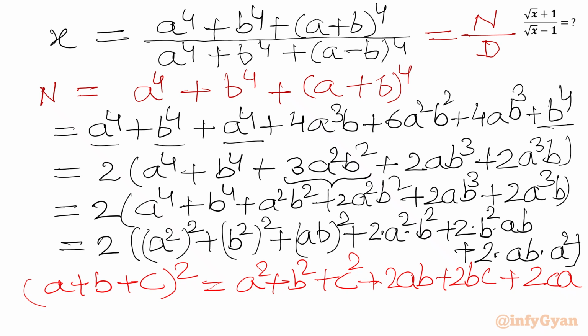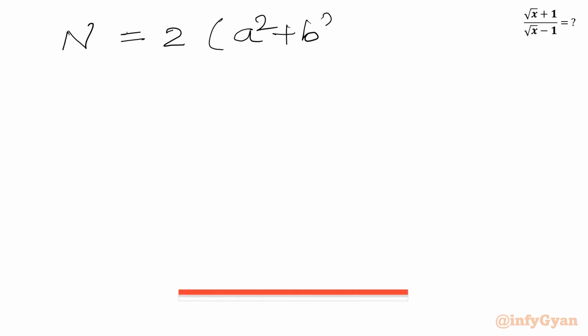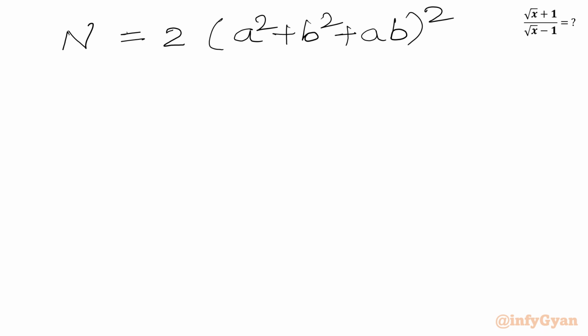So in the bracket we can write (a square plus b square plus ab) whole square. So numerator n will become 2 times, in the bracket it was (a square plus b square plus ab) whole square. This is our numerator.